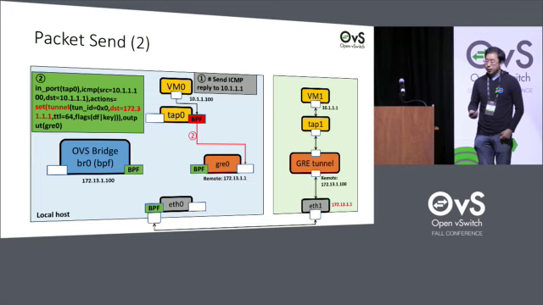When the tap 0's egress queue gets the packet, there's a BPF flow that says if it receives a packet from tap 0, and it's an ICMP packet from virtual machine 0 to virtual machine 1, then the interesting part is it sets the tunnel metadata for this packet, and then delivers this packet to GRE0.